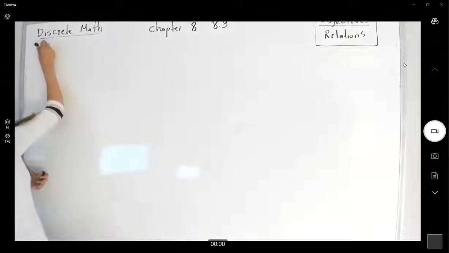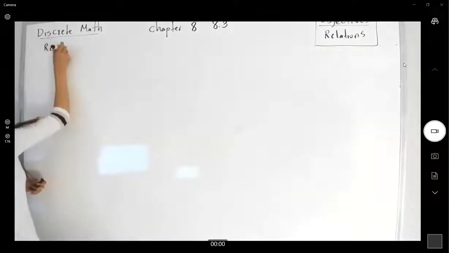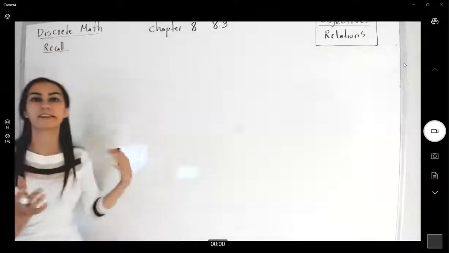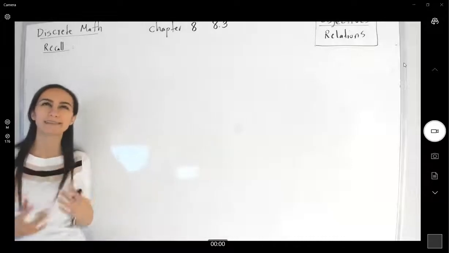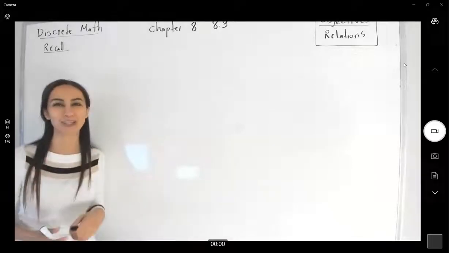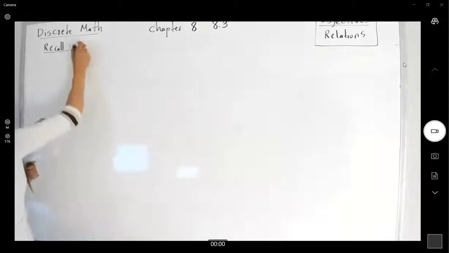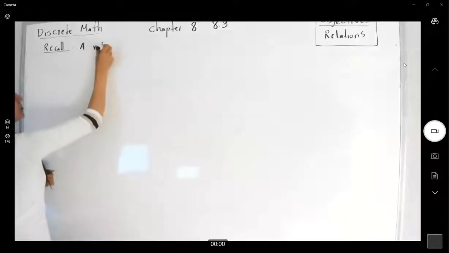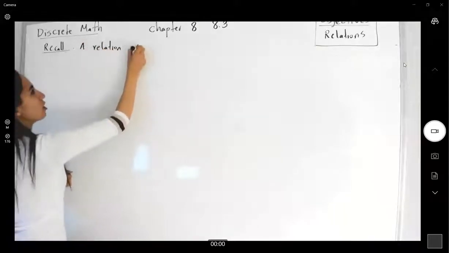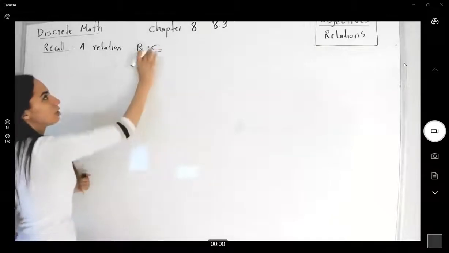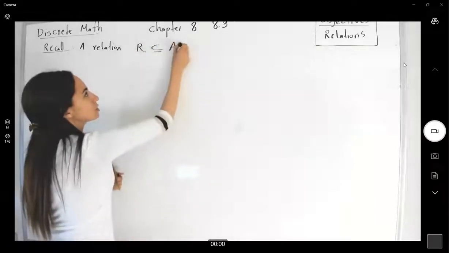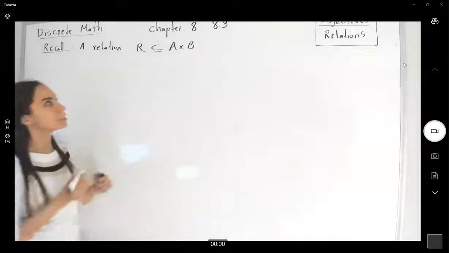Recall that we defined a relation as a subset of Cartesian product between two sets. A relation like R is a subset of Cartesian product between two sets.